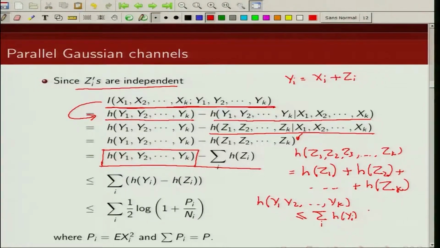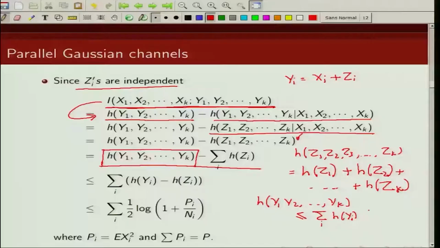The joint entropy can be written using the chain rule as a sum of conditional entropies, and we know that conditioning cannot increase entropy, so those can be upper bounded by the individual yi's, and that is how we get this inequality. So if I plug that result here, I can write the mutual information between x1, x2, xk and y1, y2, y3, yk as upper bounded by this quantity.